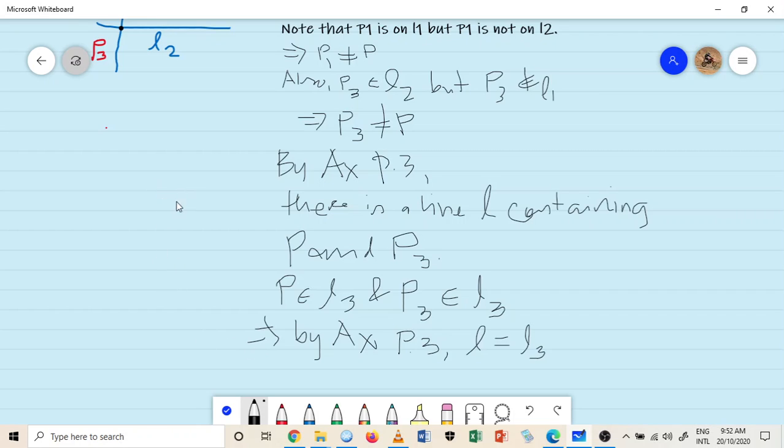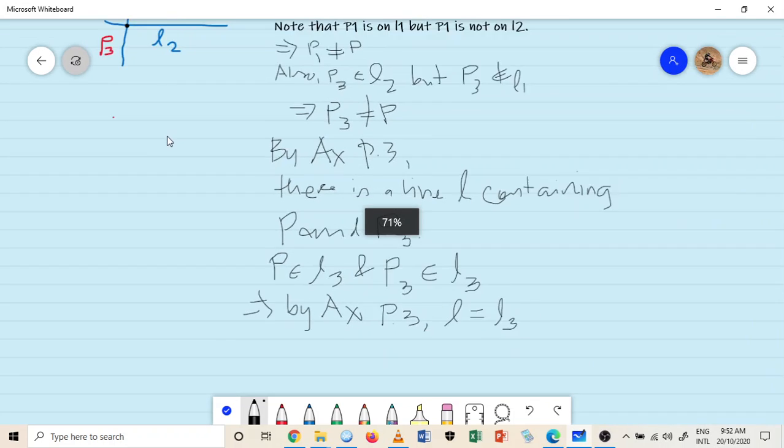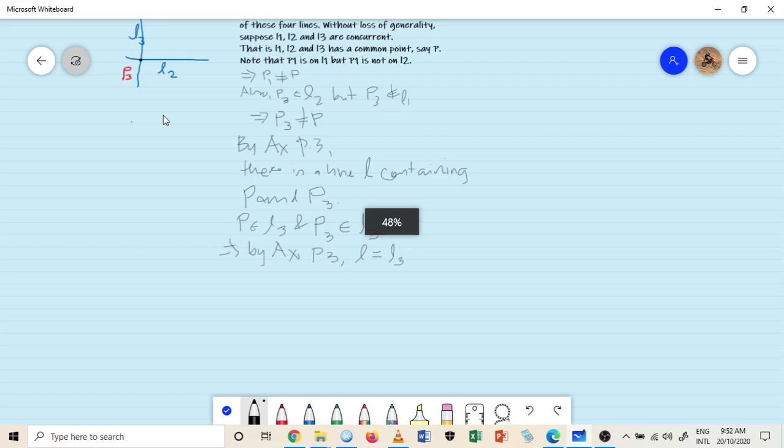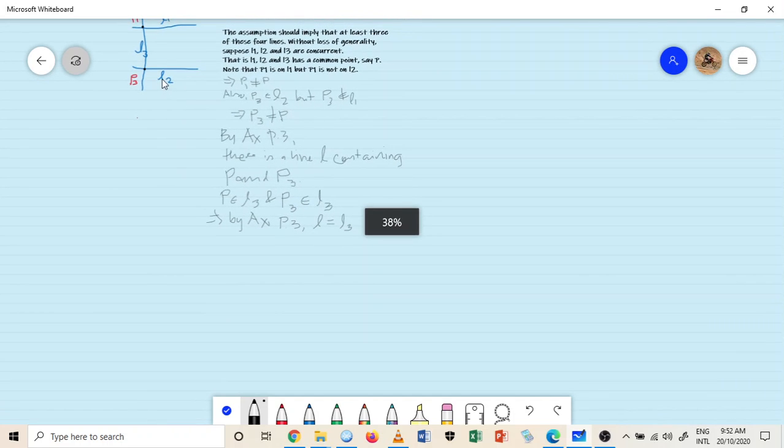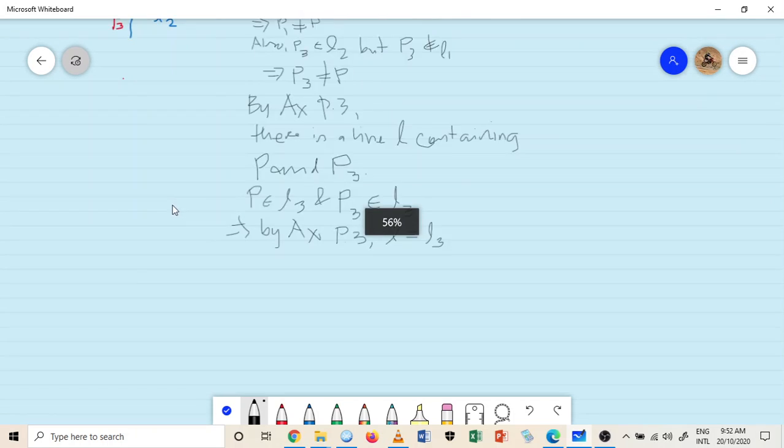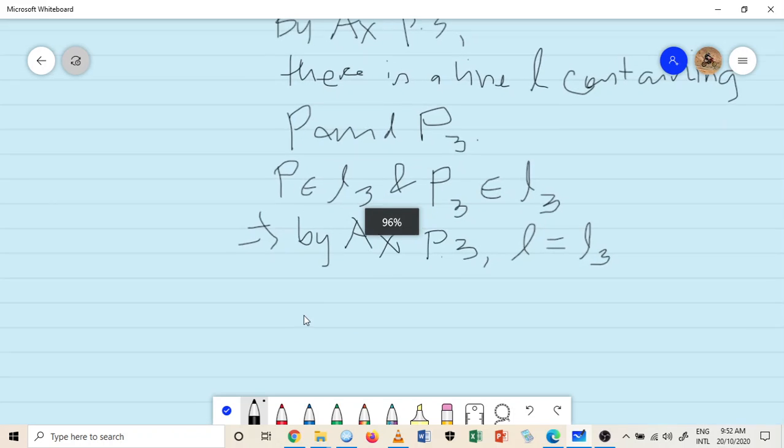Also take note that L2 also contains P3.